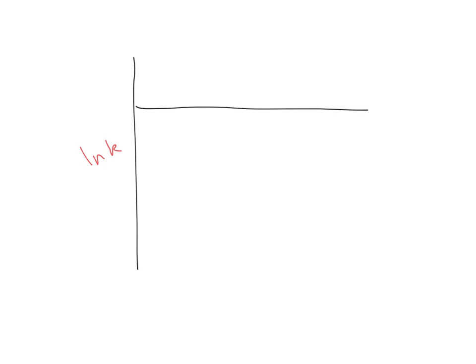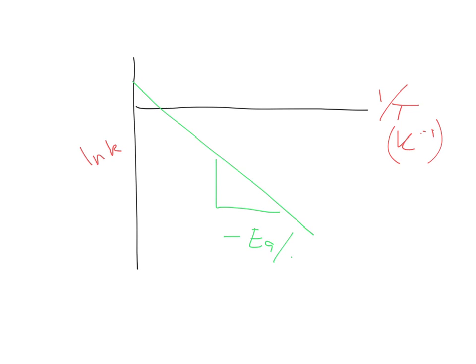The x-axis would be 1 over T, and don't forget that being kelvins. Then the gradient itself from the plot would be negative activation energy over R. And the point where the intercept meets the y-axis would be the natural log of A. In terms of plots, it doesn't have to go through the origin 0.